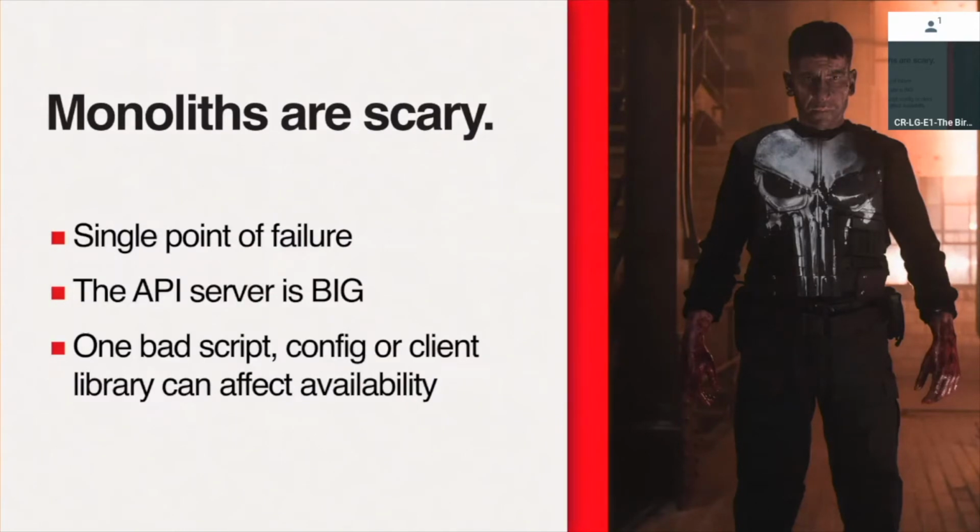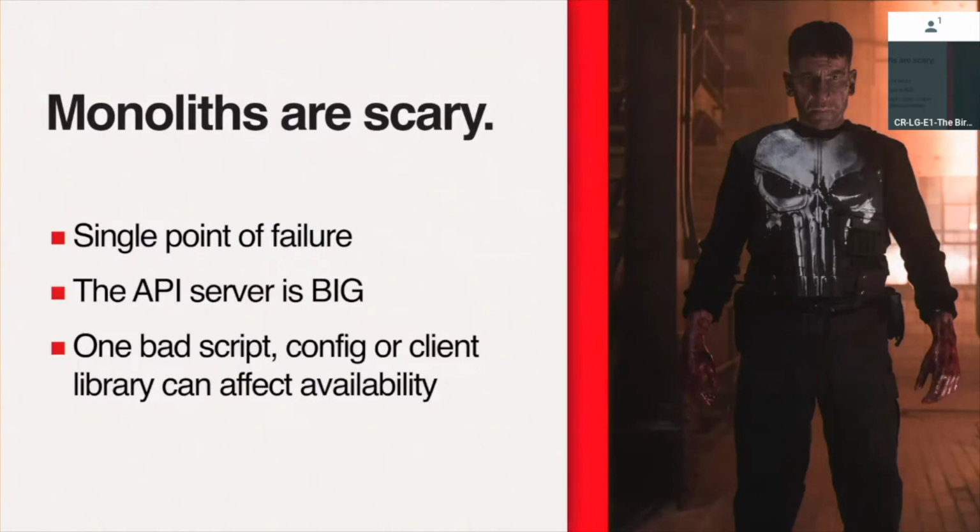And of course, there are all kinds of things that we can do to protect ourselves against these kinds of failures, and we do that quite successfully because there is not a lot of downtime. But still, the whole idea of having this one point of failure, and one change can potentially affect devices that have nothing to do with that change, it's kind of scary.